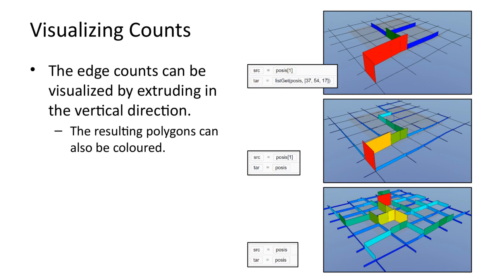In the examples, we are visualizing edge counts by extruding each edge upwards by a distance that is proportional to its count. In the first example, edge counts for 3 paths are visualized. In the second example, edge counts for paths from one source to all positions in the grid are visualized. In the third example, edge counts for paths from all positions to all positions are visualized.